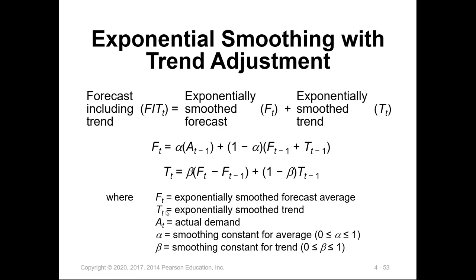So F of t will equal alpha multiplied by A of t minus 1, plus 1 minus alpha multiplied by F of t minus 1 plus T of t minus 1.